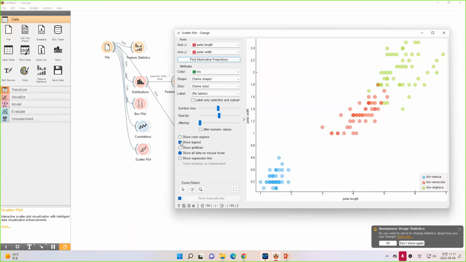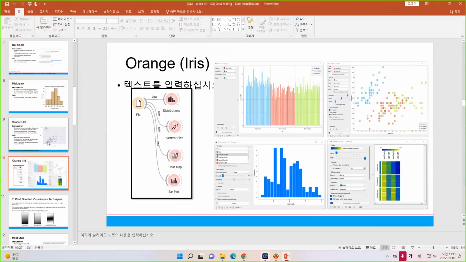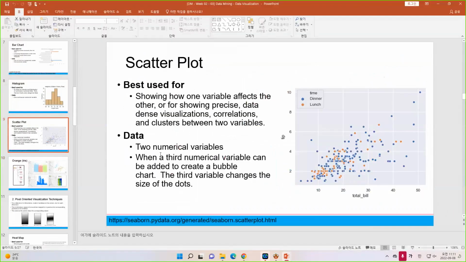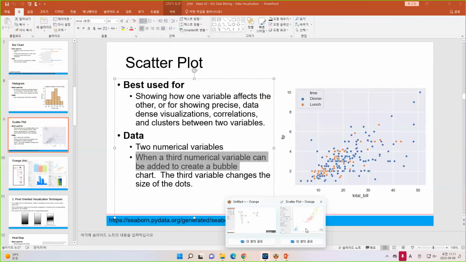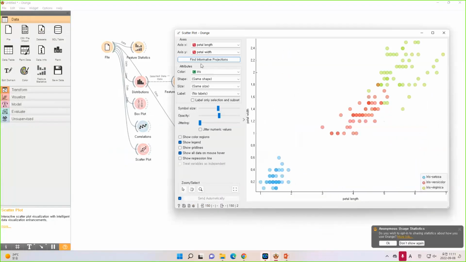But what I want to explain with this one is the bubble chart. Here it mentions that when you have a third numerical variable. Now we have only two, which are petal length and petal width.